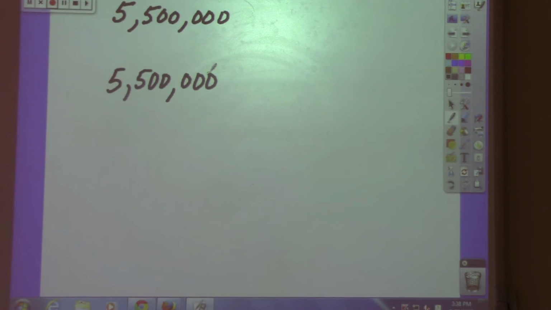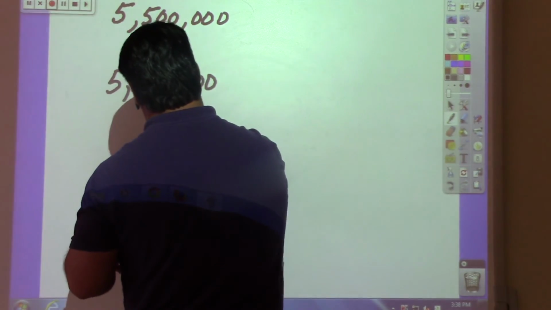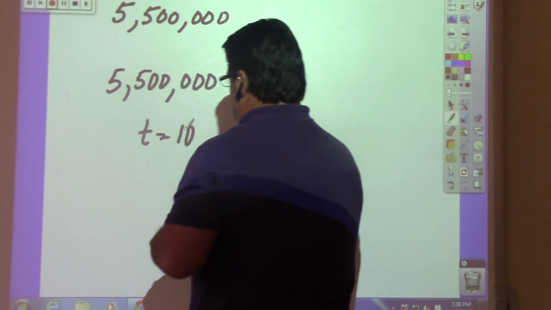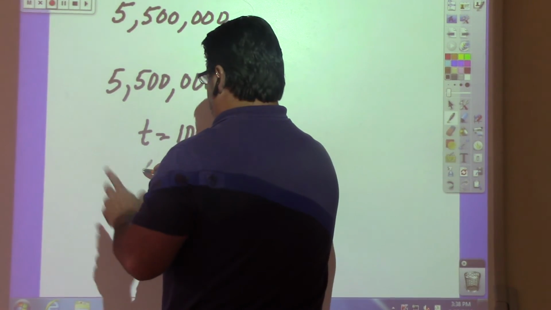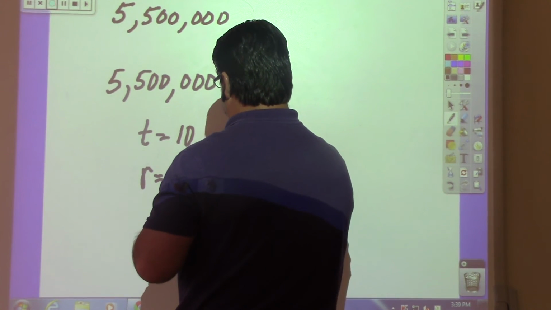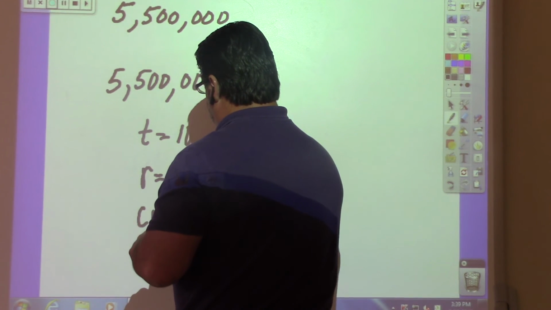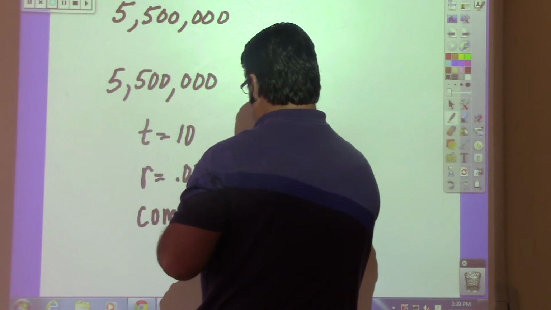You can draw 3 times a year out of it, or 4 times a year, or whatever. So they decide to keep it in there for 10 years. So T is equal to 10. And we're going to put it at 3%, so R is equal to 3%. And we're going to compound it monthly.